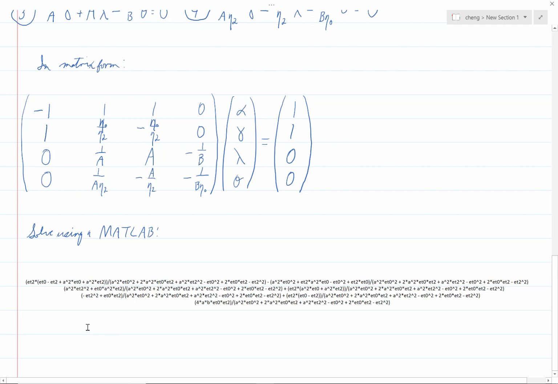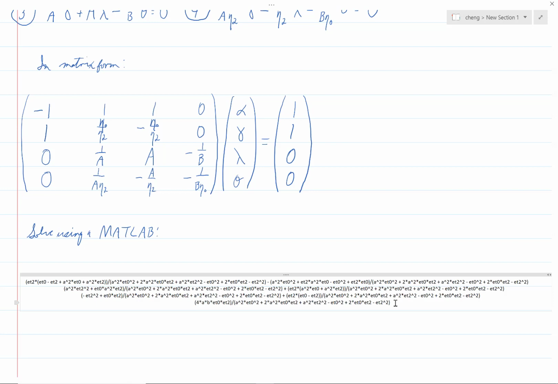The second line is the value for gamma. The third line is the value for lambda. And the fourth line is the value for theta.